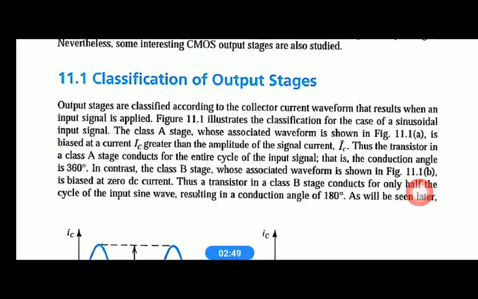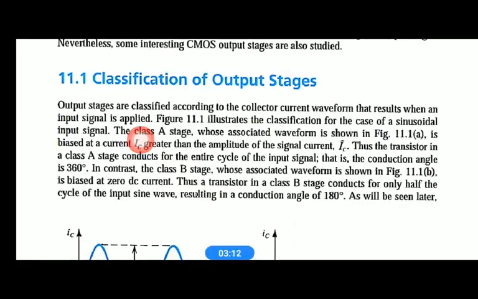Now we see the classification of these output stages, or power amplifiers. Output stages are classified according to the collector current waveform that results when an input signal is applied. It's based on what portion of the output we are getting. Based on that we classify the different output stages.